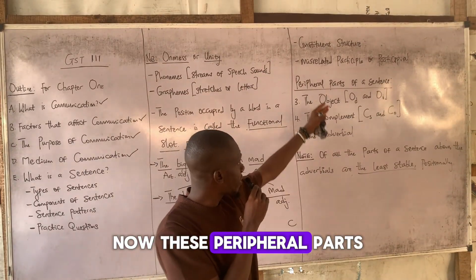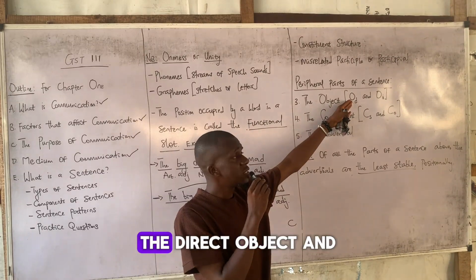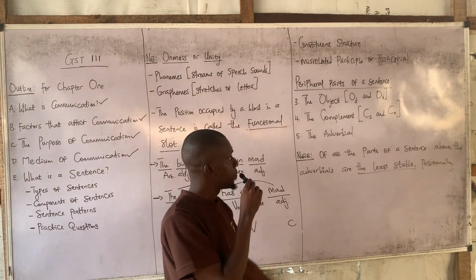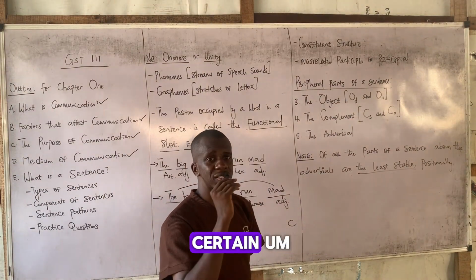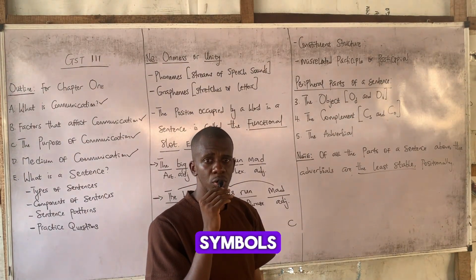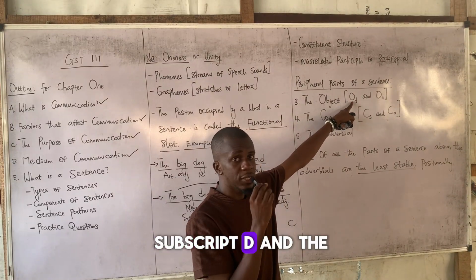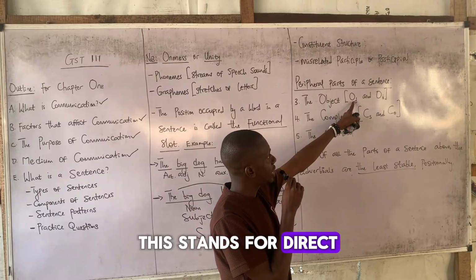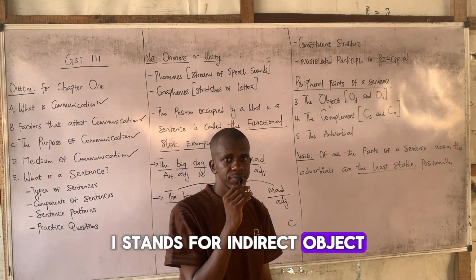Now, these peripheral parts, beginning with the object, we have two types of objects, the direct object and the indirect object. In the GSTs, they are often represented by certain symbols, which are the O subscript D and the O subscript I. D stands for direct object, I stands for indirect object.